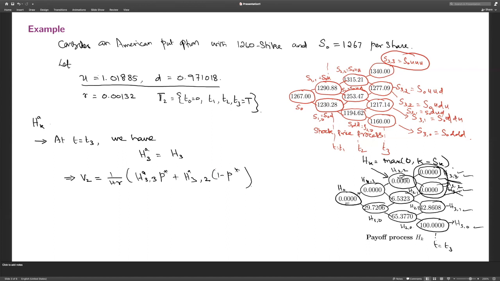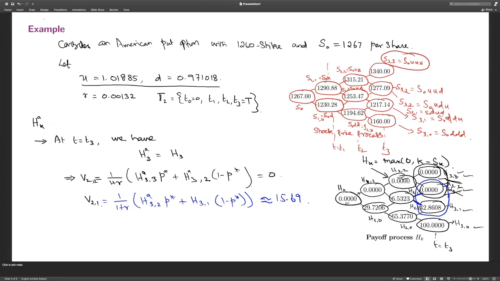So this level is computed using these two values. Therefore, that is V22, it is 0. And what is V21? V21 is computed using these two values. So it is 1 by 1 plus R into HA32. That is when you went up from this position. Therefore, it is P star plus H31 that you went from this position to 0. Therefore, you have 1 minus P star, and that gives me approximately equal to 15.69.